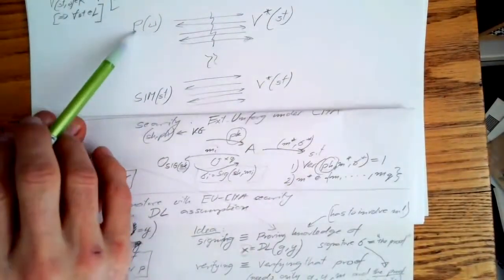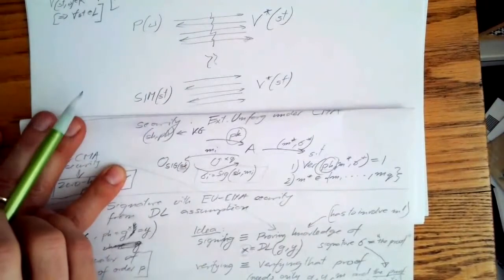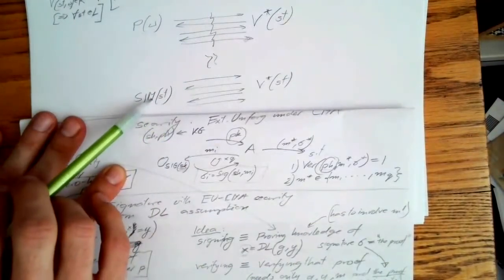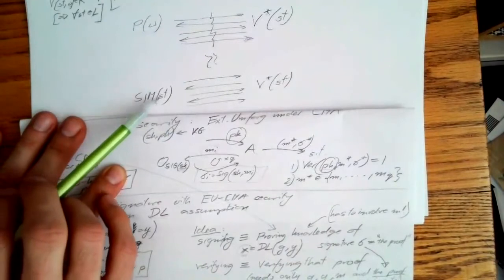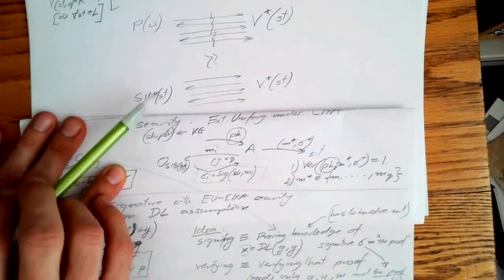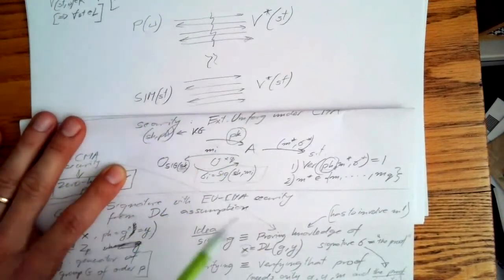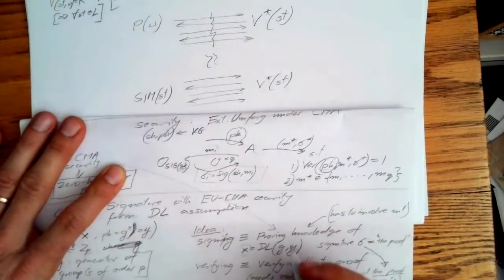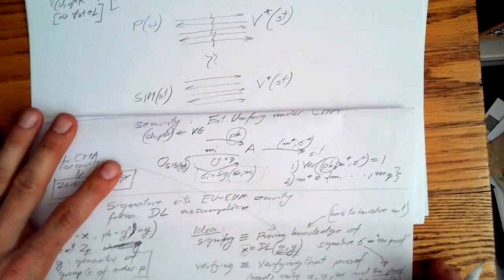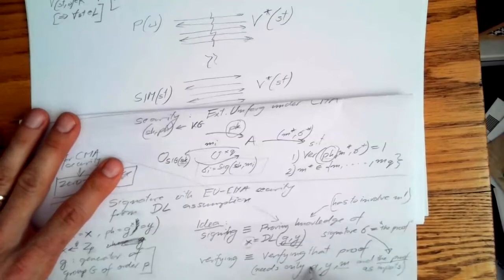If we knew that whatever the prover produces can be emulated by an efficient machine that doesn't know the secret key, it can emulate what the prover does on knowledge that is public in this case, because the statement in this case will be made of the public parameters and a public key, and I guess a message also. So the statement is that it's all public information.